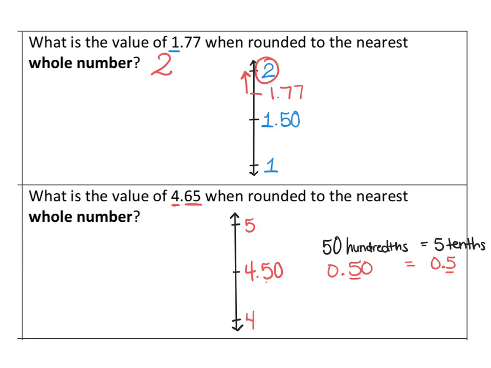Now 65, is that above or below 50? It is above. 65 is always above 50. So we put 4 65/100ths above 4 50/100ths. So we round up to 5. So the nearest whole number to 4 65/100ths is 5.